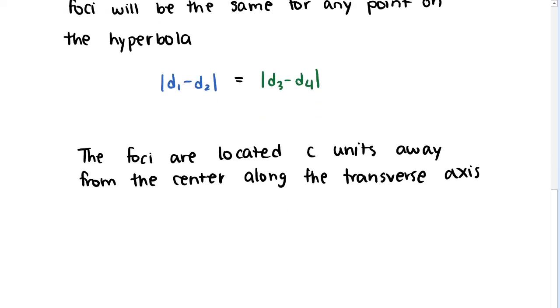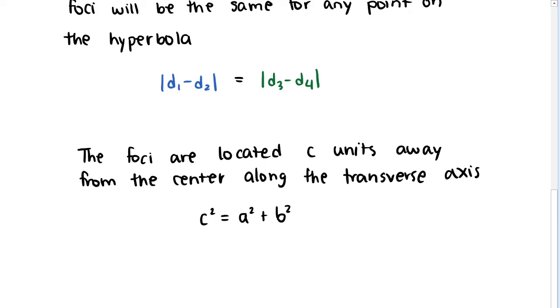And here c squared you can find by computing the sum of a squared plus b squared, where a squared and b squared are the denominators in our standard form equation of our hyperbola.